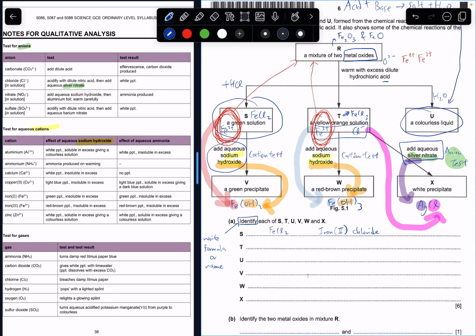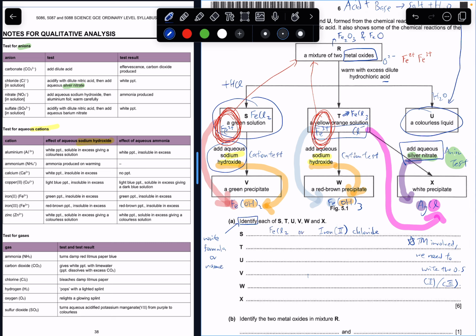Another thing to take note: when a transition metal is involved, we need to write the oxidation state, the bracket 2, bracket 3, the charge thingy. This is something that we tend to forget.